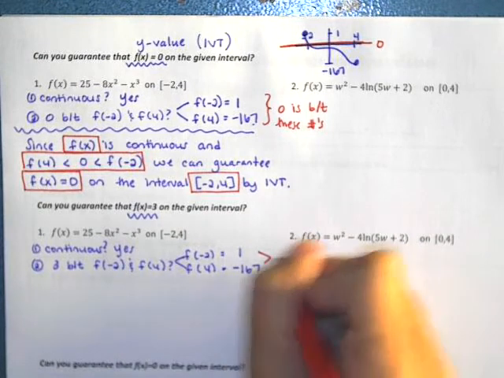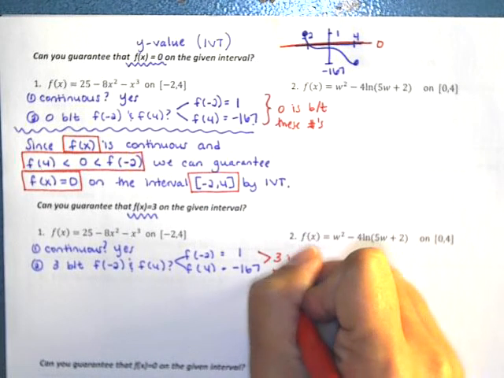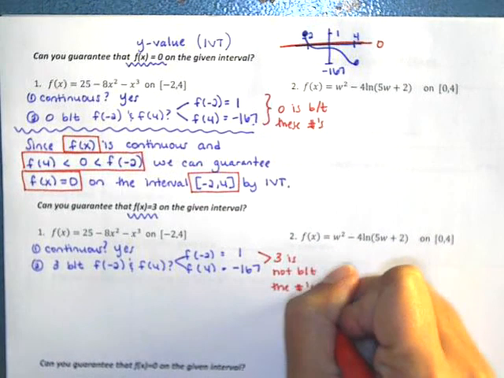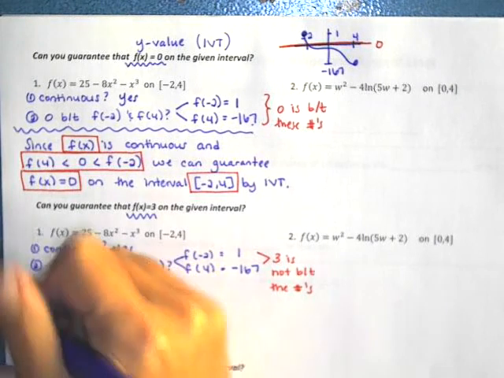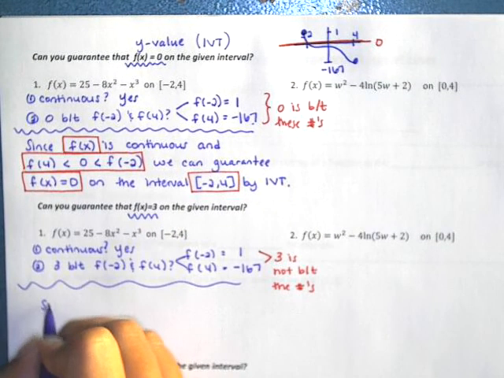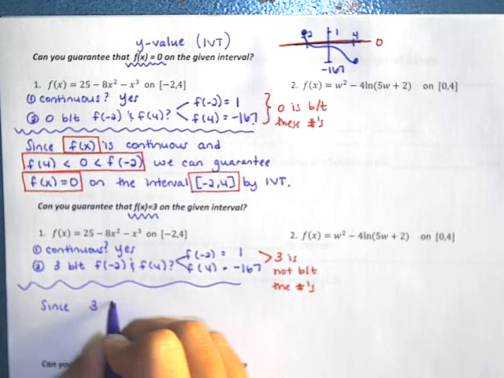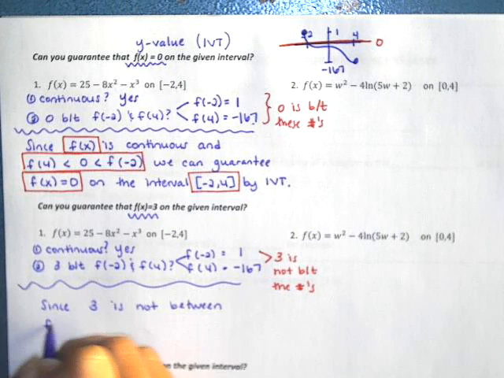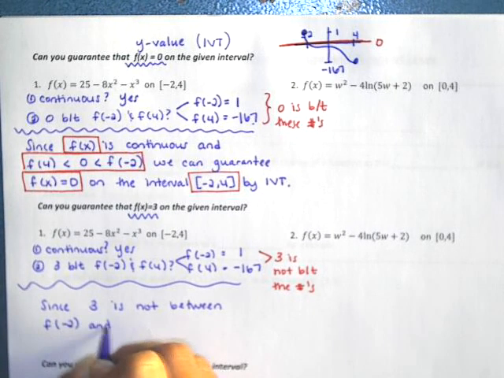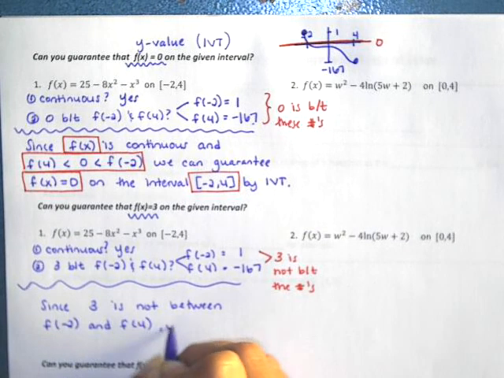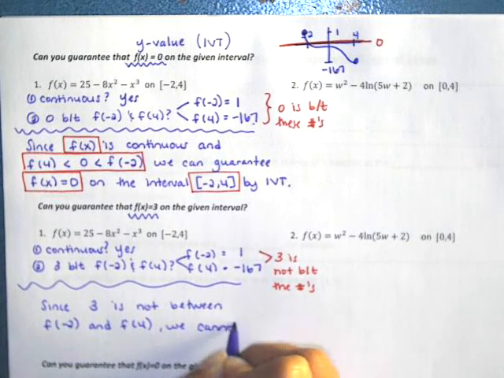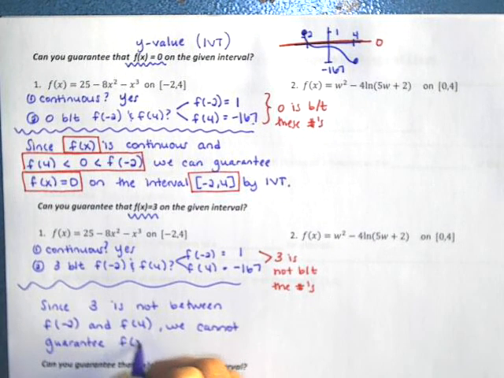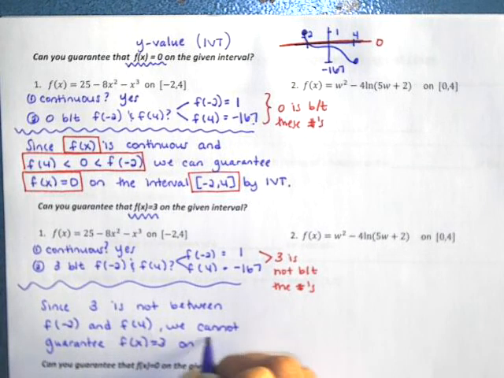So since 3 is not between these numbers, we would say that since 3 is not between f of negative 2 and f of 4, we cannot guarantee f of x equals 3 on this interval.